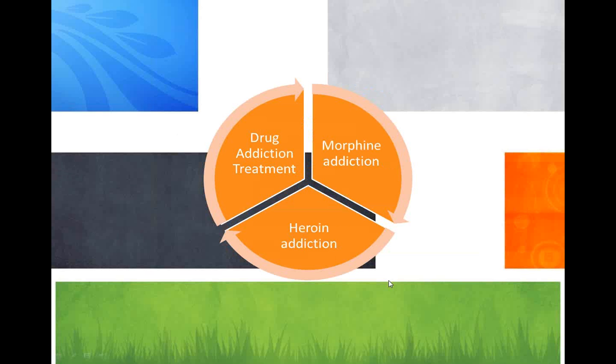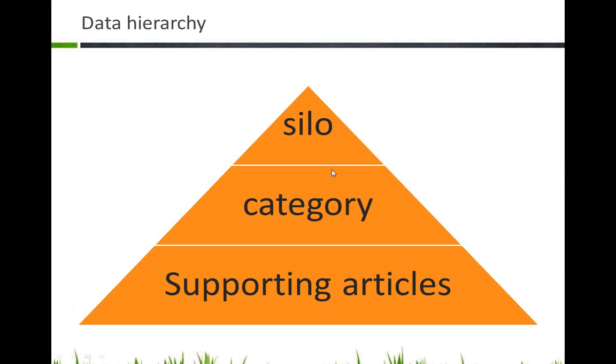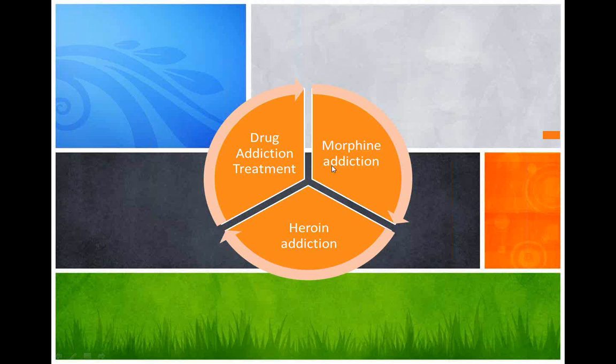Now, with our whole system, we look at the entire market, right? And when we look at markets, I've just used an example here of a market where we want to deal with drug treatment. The keyword we want to target and get ranked for is drug addiction treatment. As you run through our process, we'll look at morphine addiction, we'll look at heroin addiction, and we'll look at drug addiction treatment.